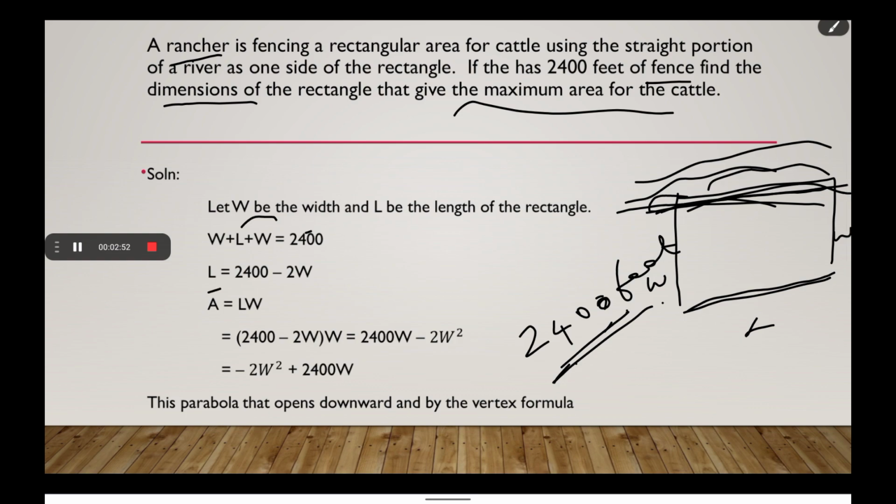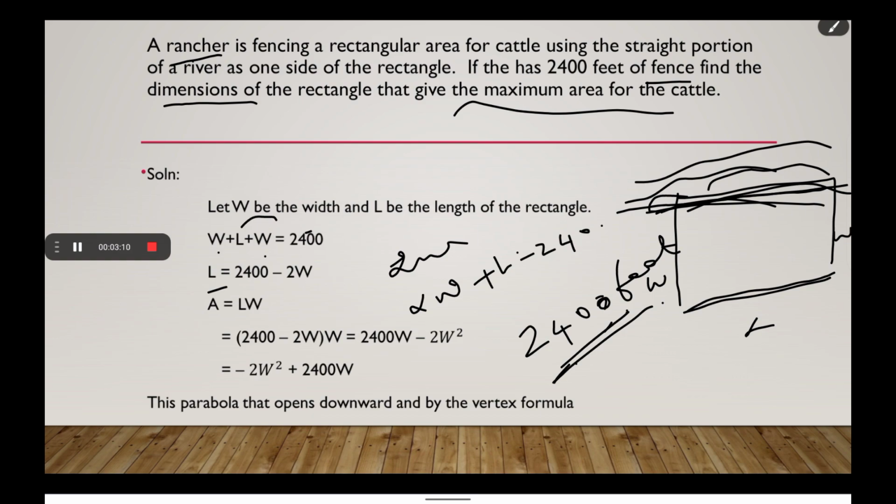W plus W equals 2W, so 2W plus L equals 2,400.